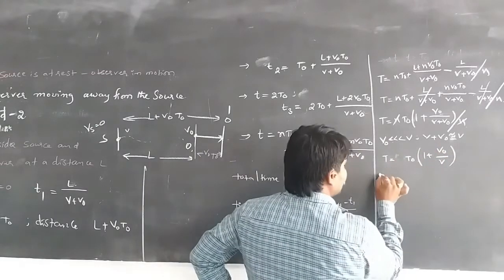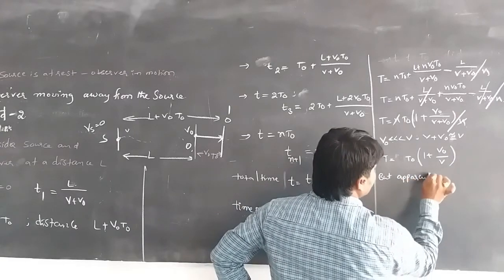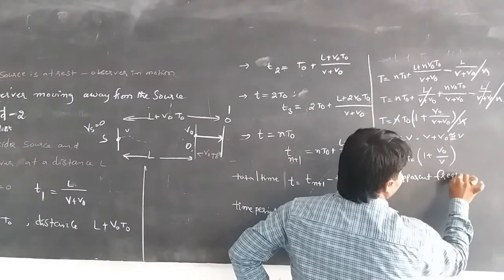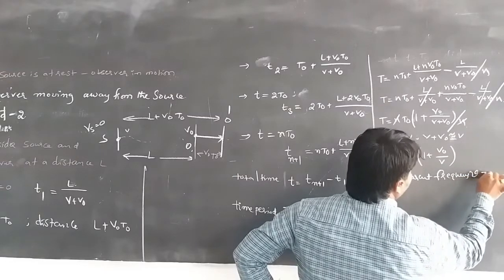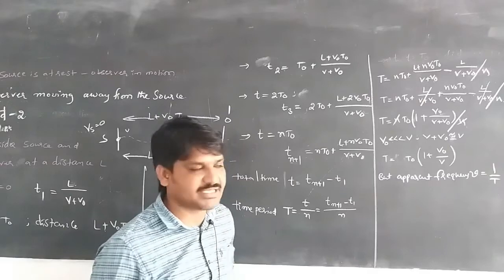The apparent frequency nu is equal to 1 by T. Here nu is the apparent frequency.